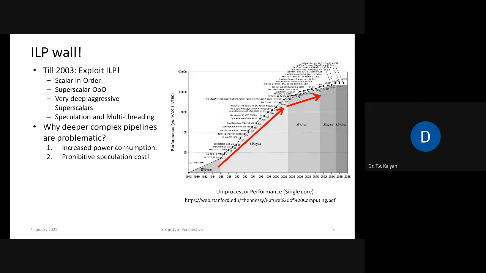But what happened with these complex pipelines is the misspeculation cost was increasing. Why? The reason being, the time between our prediction and the time by which we can actually resolve the branch and get the actual direction of the branch, whether it is sequential or some target address, was too much to handle.